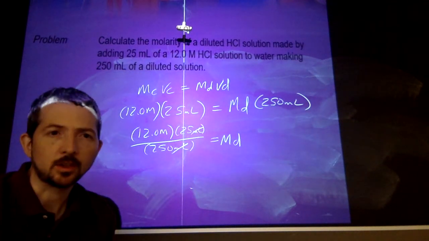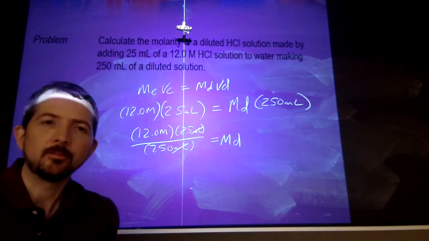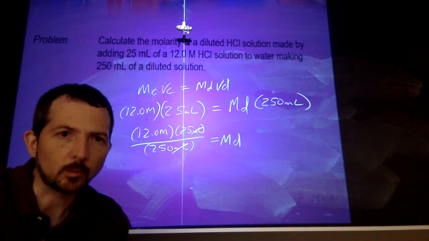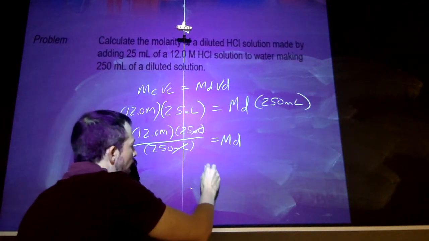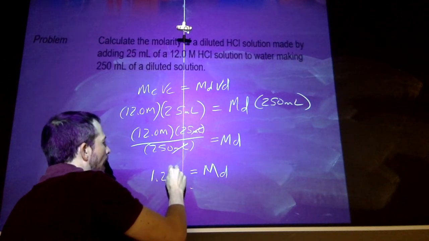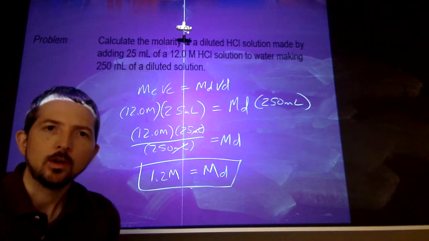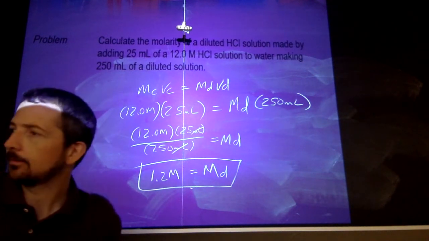So it could be in liters, it could be in milliliters, and both will work, but they have to be the same on both sides. So if I do that, what is it, 1.2? I get 1.2 molar for my diluted solution.